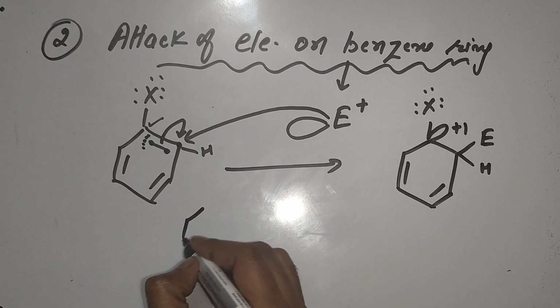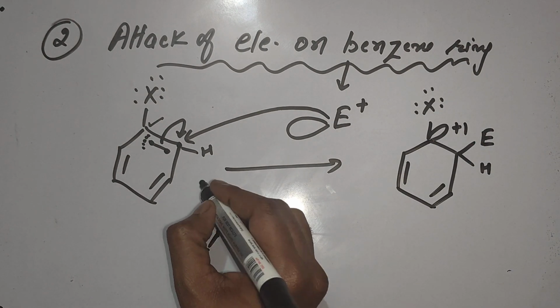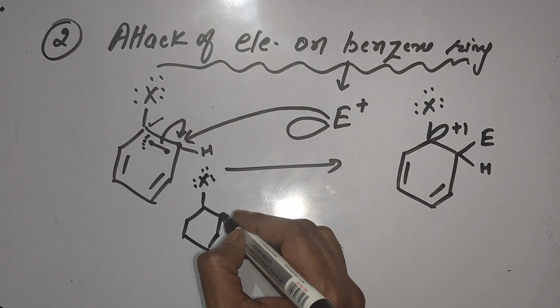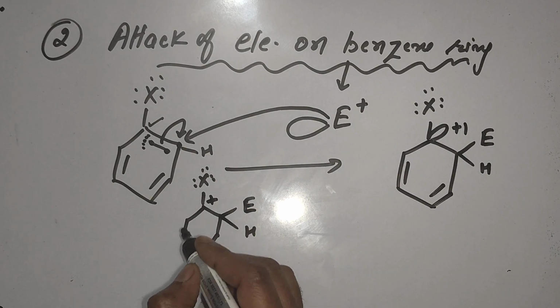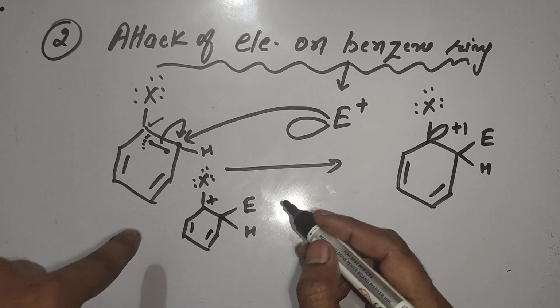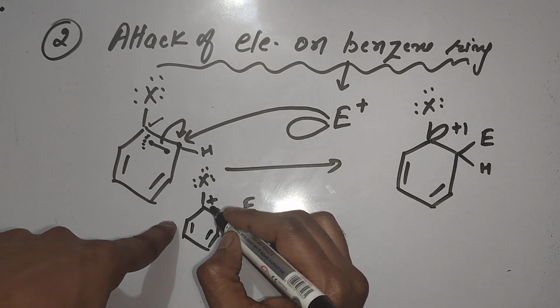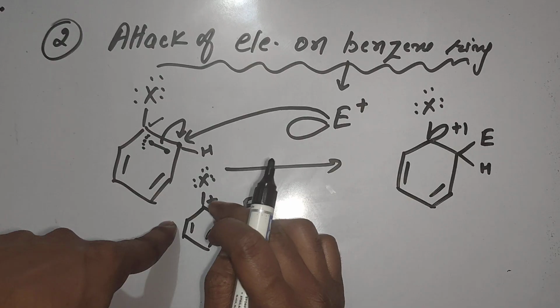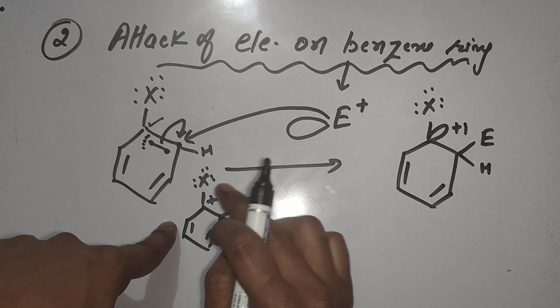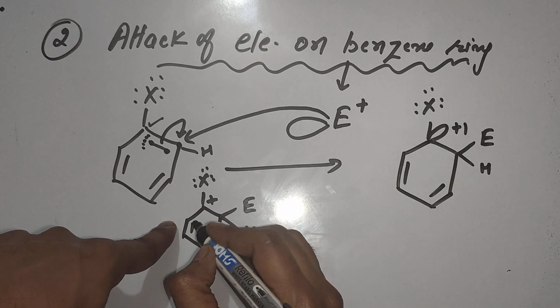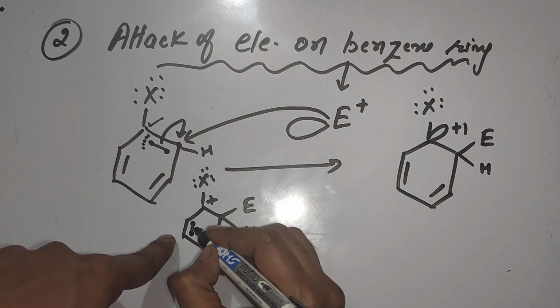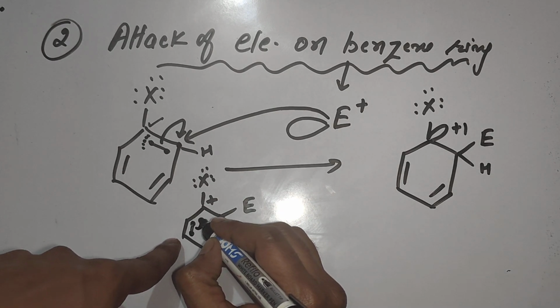Watch. This is X as it is. E is joined over here, H is there. A positive charge is there. Pi electrons are available. Look how you will draw the resonance of this. This positive charge, please understand, is a vacant orbital. Every time I will not draw it, I will just draw positive, and you will understand it's a vacant orbital over there. Now that vacant orbital will be satisfied by these pi electrons.